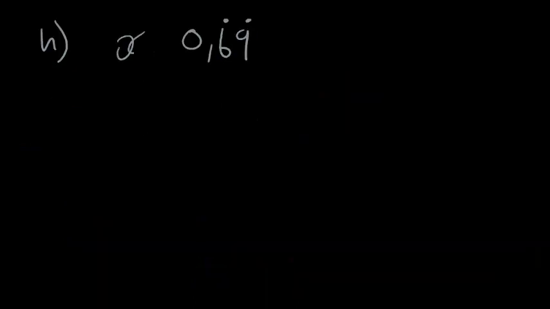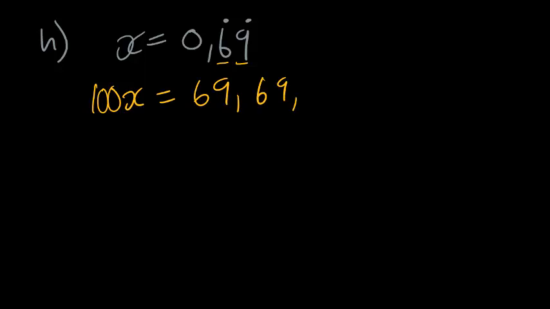Last question. X equals 0.69 recurring. So I've got 2 decimal places, which means I'm going to have 100x is equal to 69.6969 until infinity.